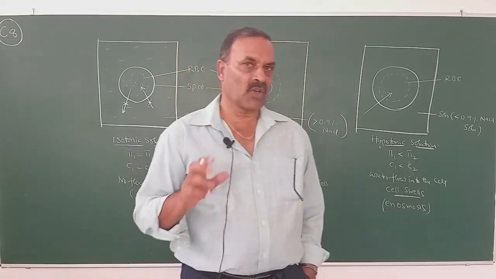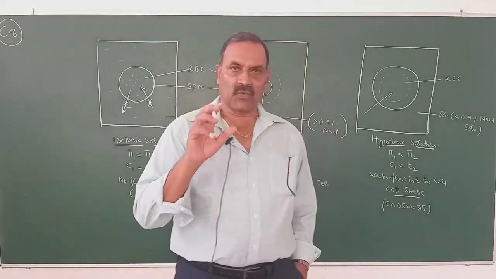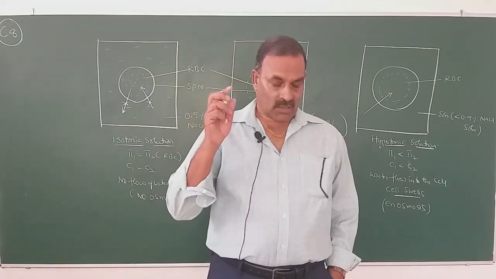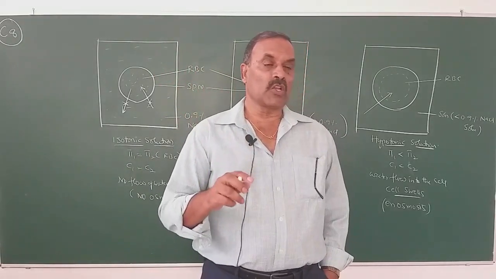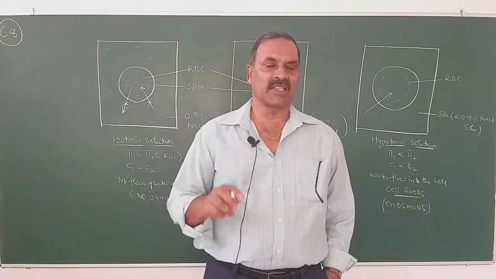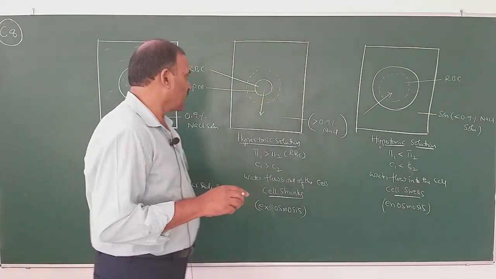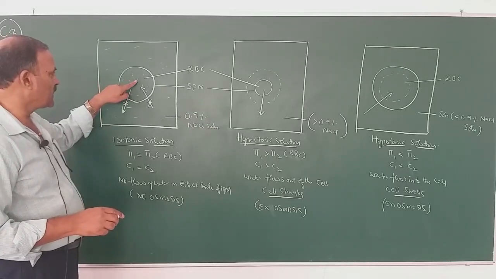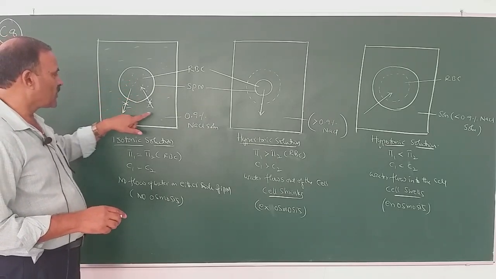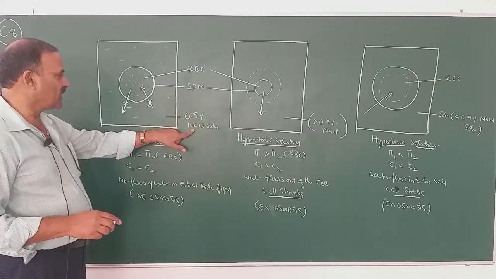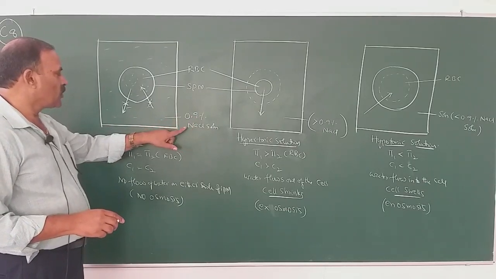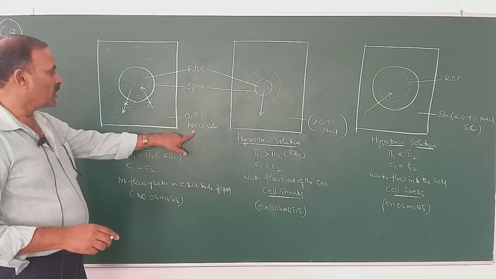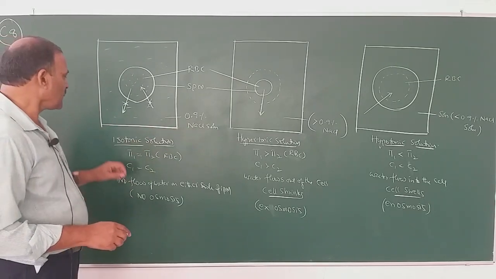An example for isotonic solutions: the fluid present in red blood cells is isotonic with 0.9% NaCl solution. That means the osmotic pressure of the fluid in the red blood cell is similar to the osmotic pressure of 0.9% NaCl solution. Here 0.9% NaCl solution is called normal saline.